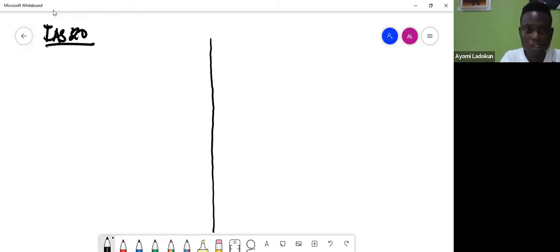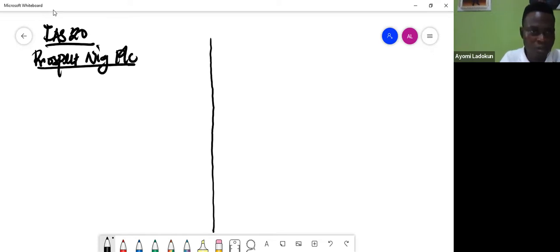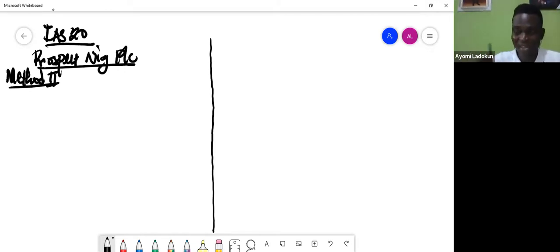So we are still on IAS 20, and this is Prospect Nigeria PLC. Let's take a look at method 2. What is method 2 saying? Method 2 says deduct the grant from the cost of the asset and spread over the life of the asset.